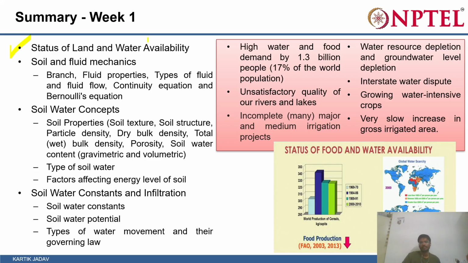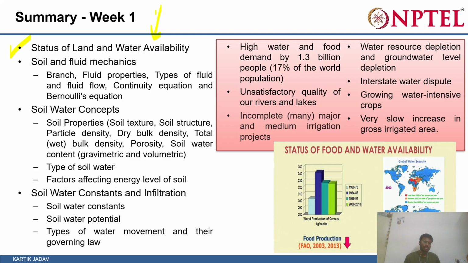Due to that, it is very crucial to use these resources very judiciously, and if you are concerned with agriculture, there you have a role in how we can manage these resources, land and water, to get maximum food production.